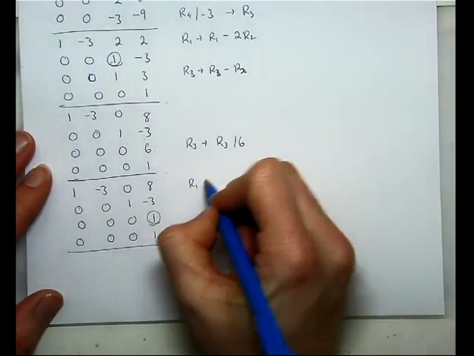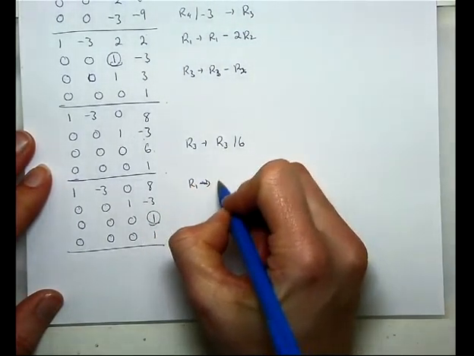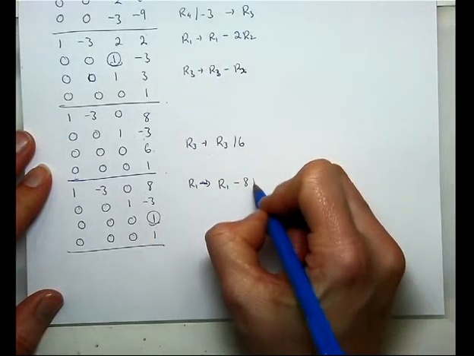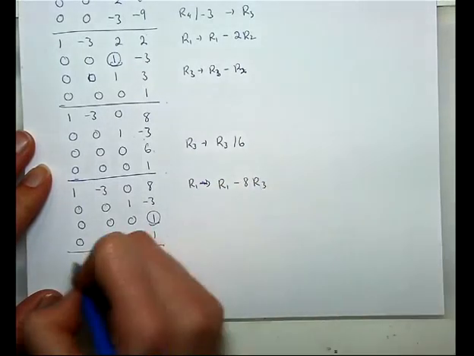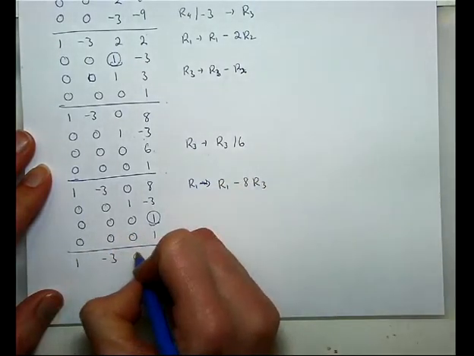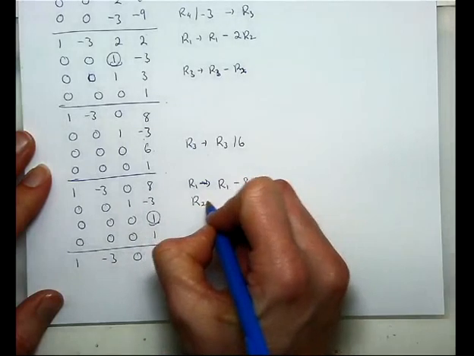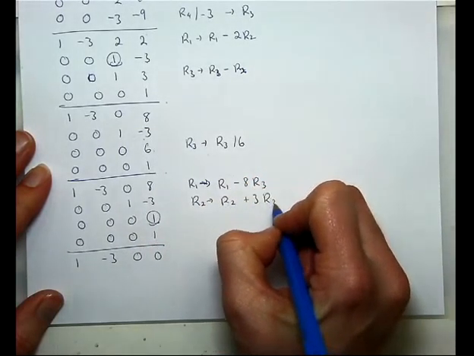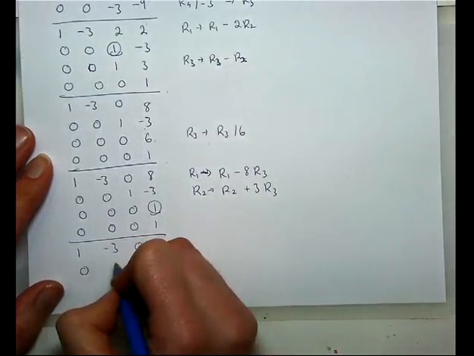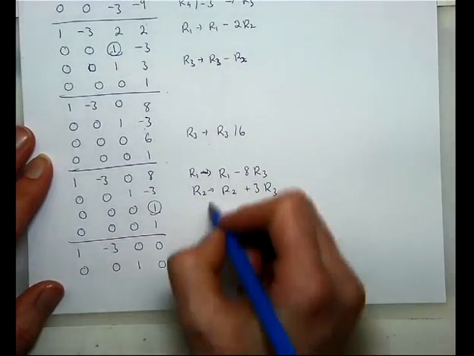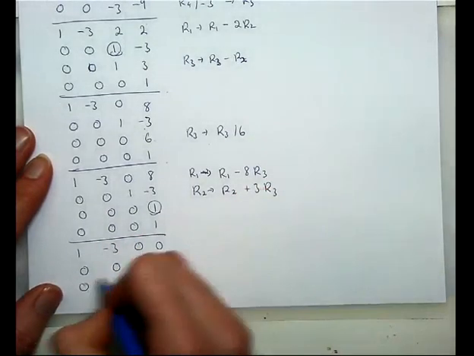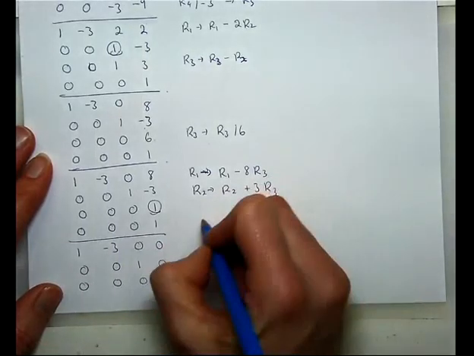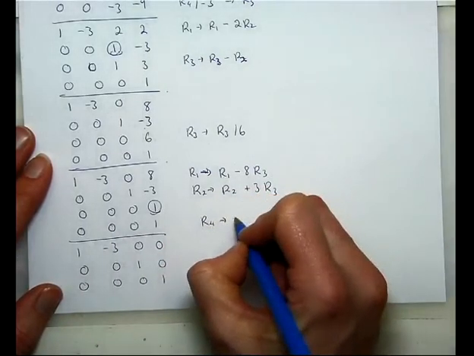Okay, nearly there. All right, so now we're going to pivot with this one. Row 1, take 8, row 3. That's the one we're pivoting with.